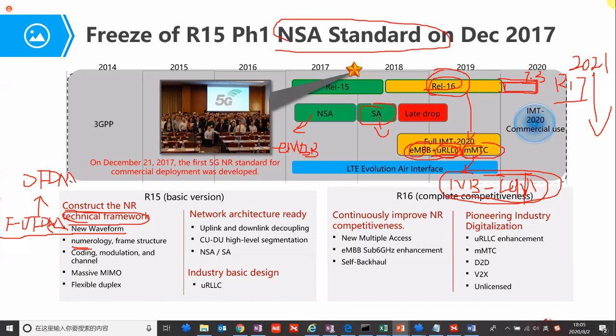But now 4G is used very widely in our life, and people can't leave the 4G network. So maybe in 3 or 4 years, once the 5G network is deployed well, some applications will also appear. So maybe several years later, we may see 5G change our society. Yeah. Thank you very much.